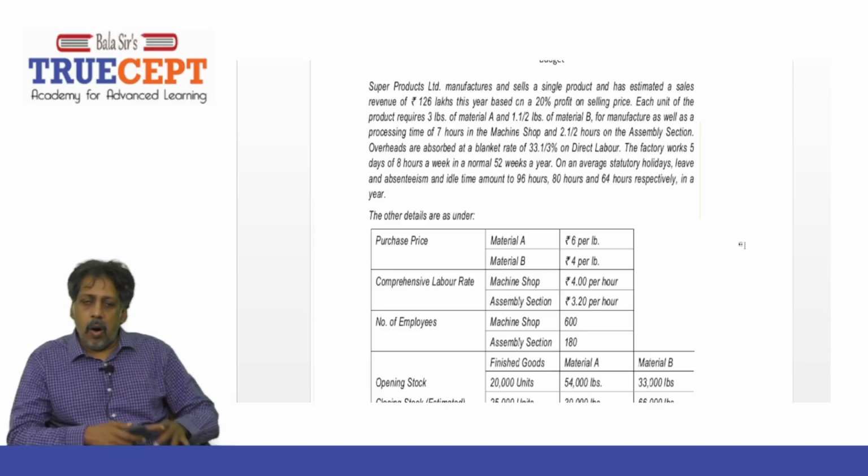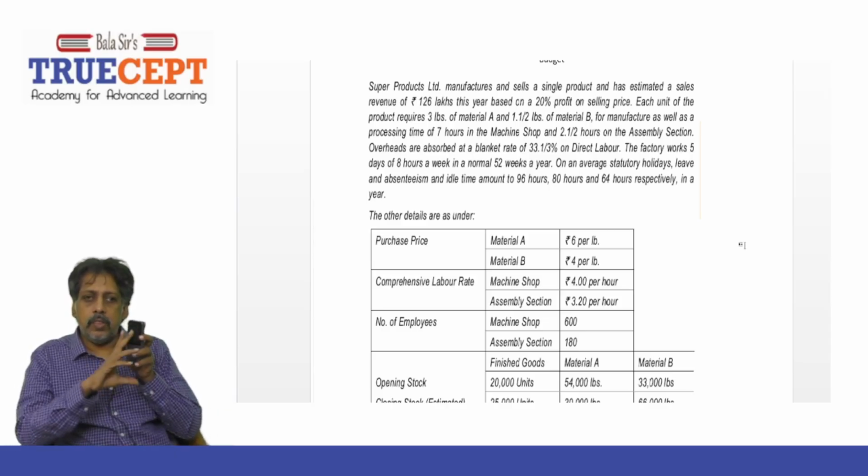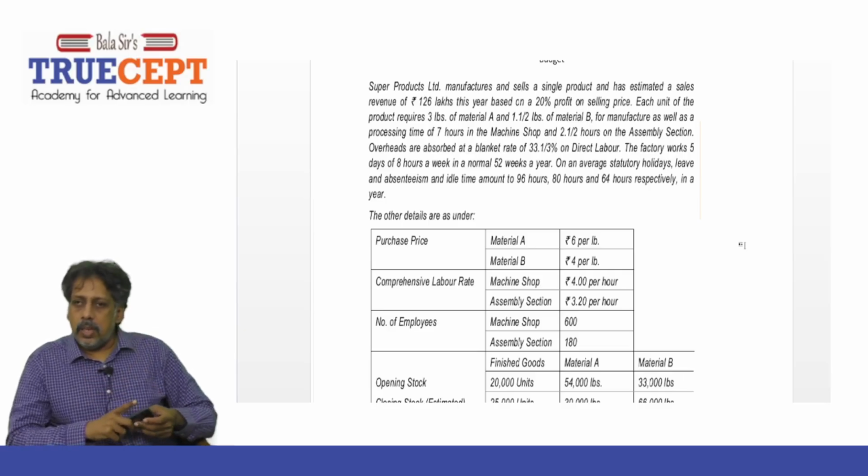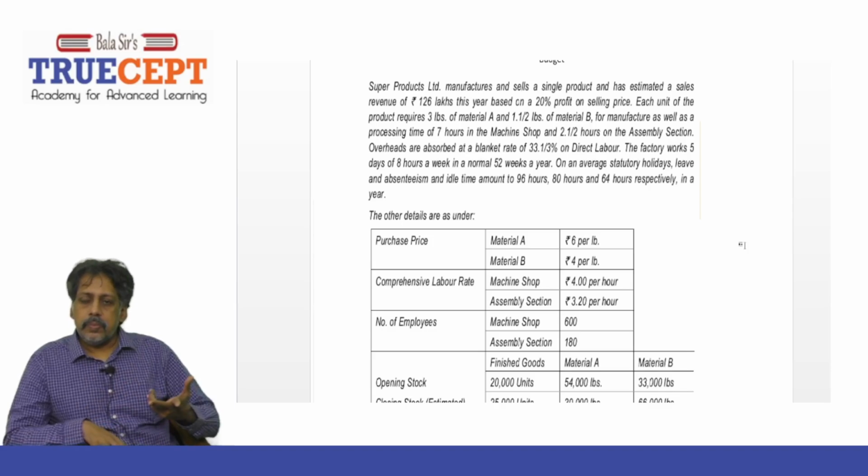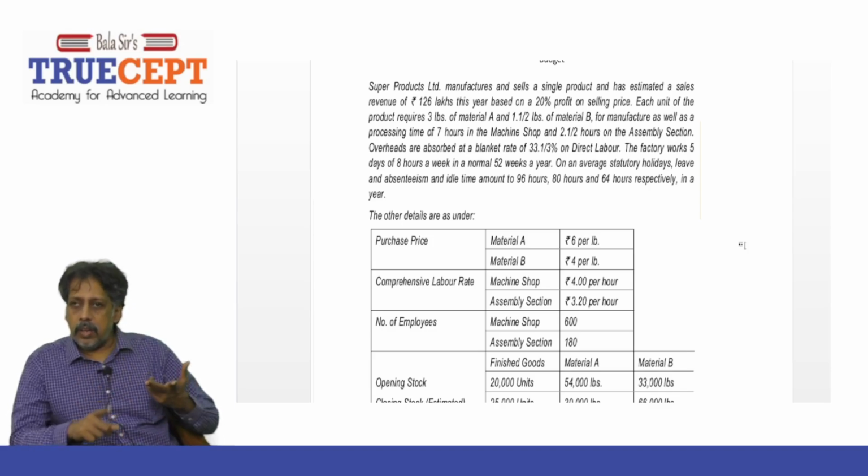And then all the parts, different components will be assembled and made into a product. And how many hours are used over there? It is 2.5 hours. It is 7 hours in the machining department and 2.5 hours in the assembly department.